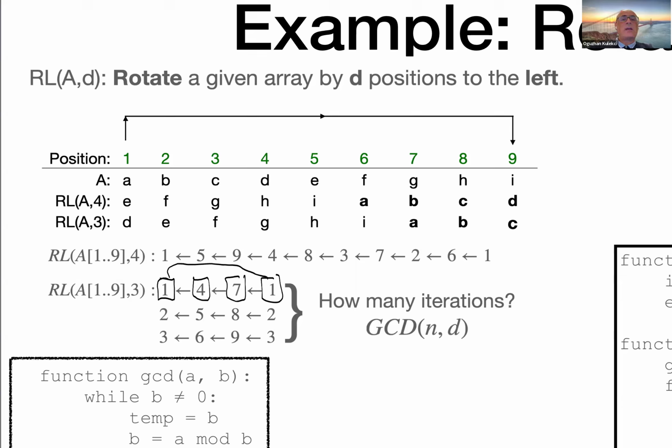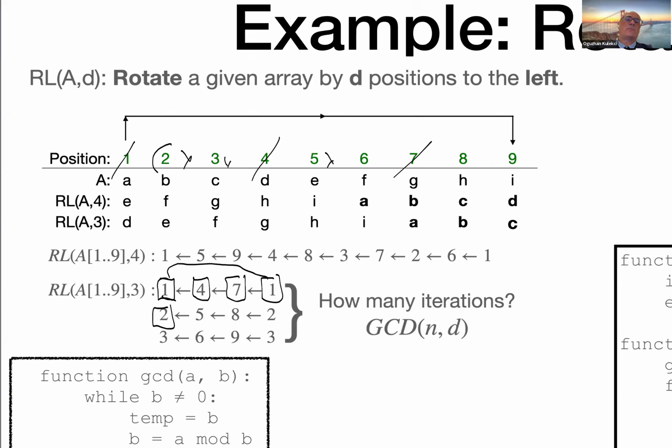That means, okay, I'm done with 1, 4, and 7, but I am not able to touch the others. That is a loop, a cycle, okay? Once you see that you have this cycle and you have not rotated the other elements, you start with the second element.